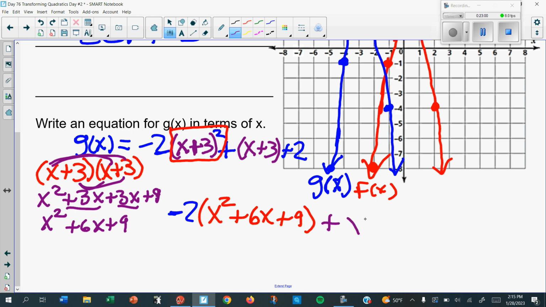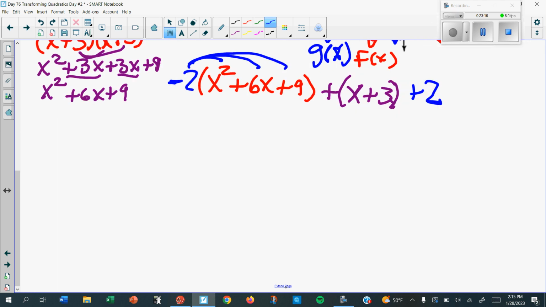Plus x plus 3. And again, you can put it in parentheses. You don't have to. And then the plus 2. So now, what should we do? We should probably distribute that negative 2 in. So here we go. I need more space. Negative 2x squared.